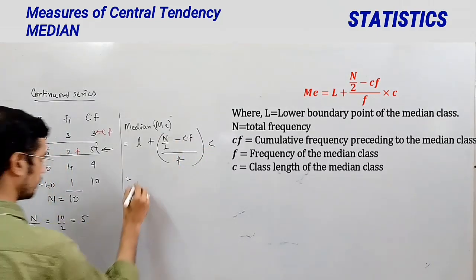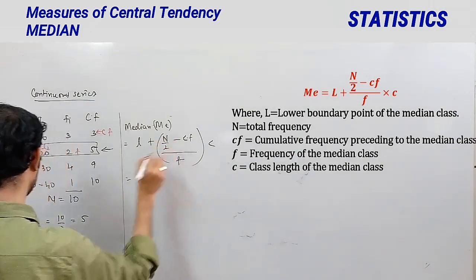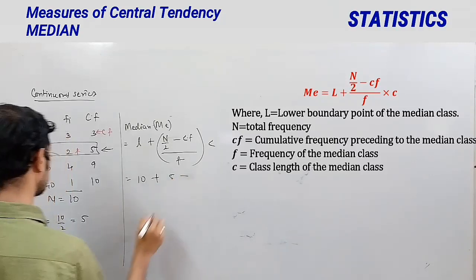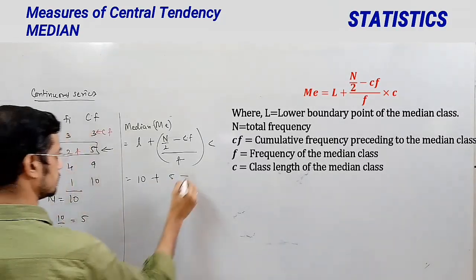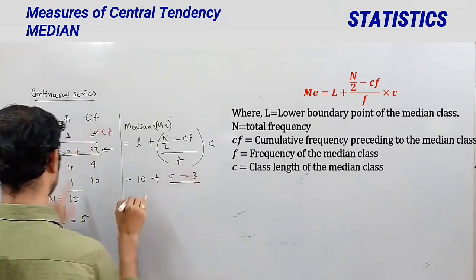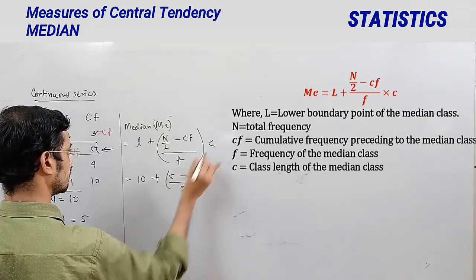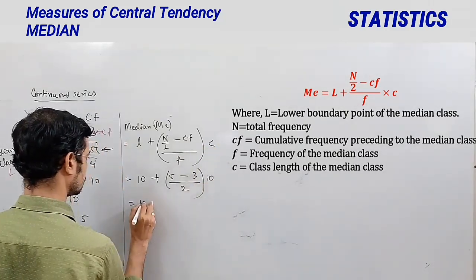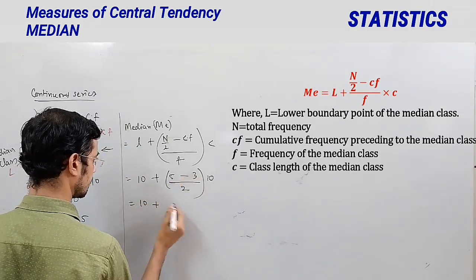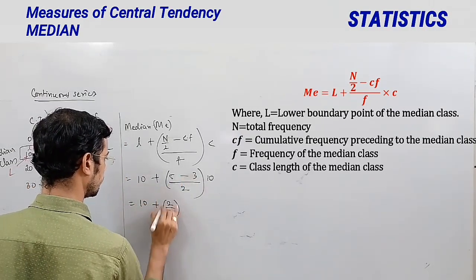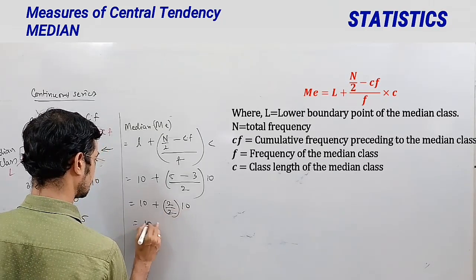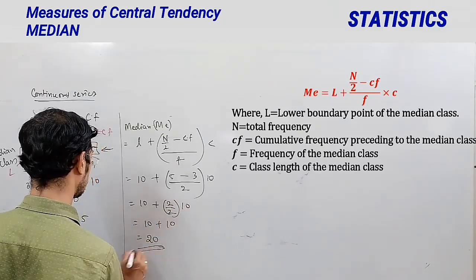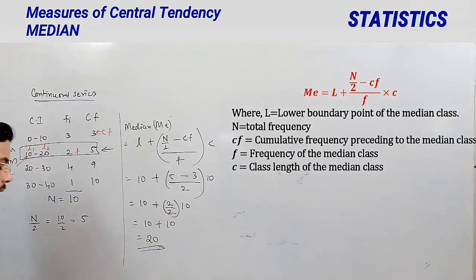L is the lower boundary point, that is 10, plus n by 2 is 5, minus CF, the cumulative frequency, is 3, divided by F, which is 2, into C. What is C? C is 10. So this is 10 plus (5 minus 3) is 2, by 2, into 10, so we get 10 plus 10, that is 20, which appears to be the median.